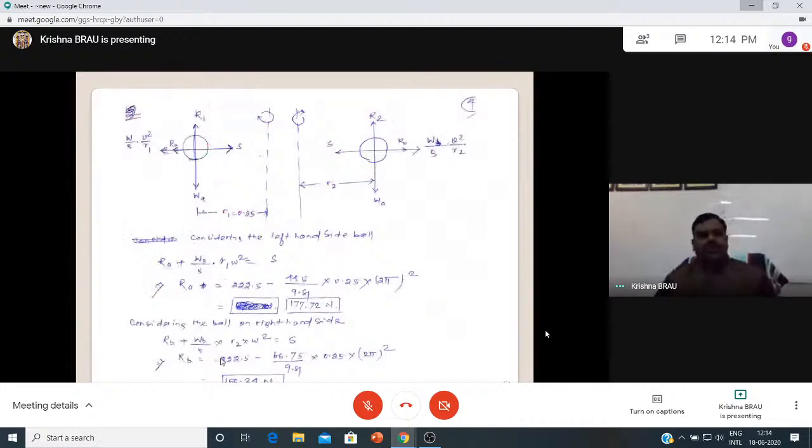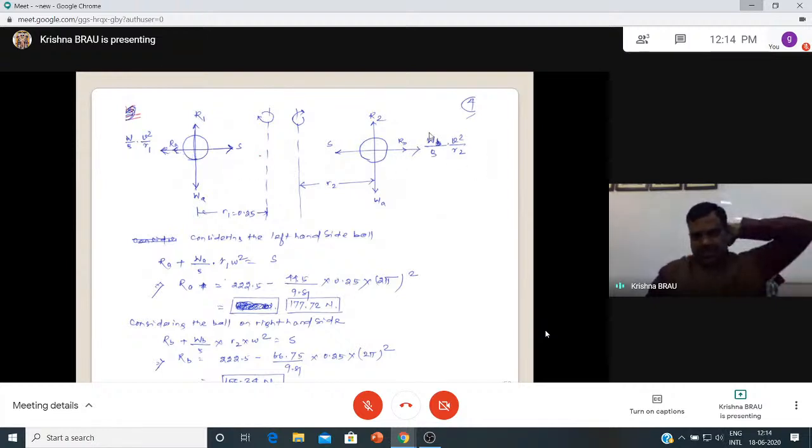Now see the free body diagram. Because it is a centrifugal effect, there is a normal acceleration and tension in the string. Because it is away from the axis, there is a normal acceleration and a reaction between the stopper and the block. When the ball moves outside, between the stopper there is a reaction.